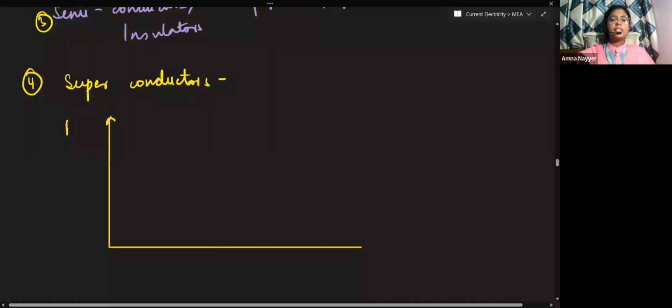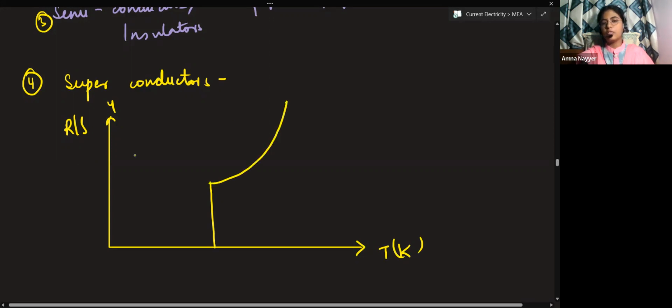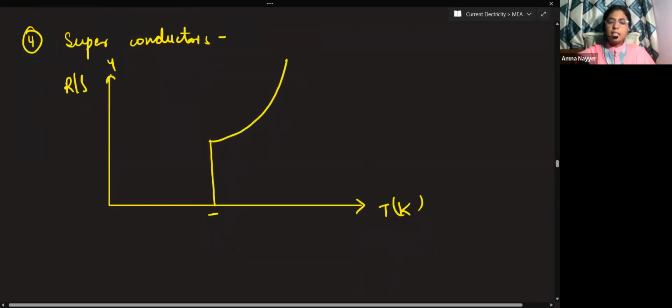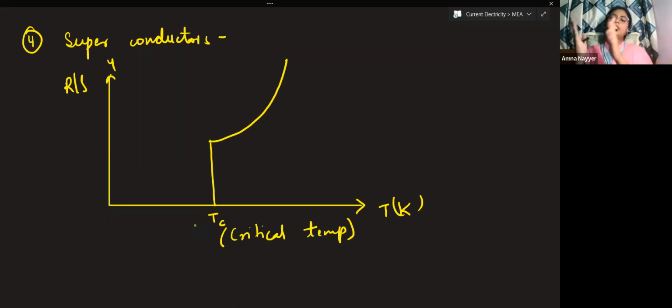So this is resistance or resistivity on the y-axis, and temperature in Kelvin on the x-axis, and the graph is in this manner. In case of superconductors, at a certain temperature, known as the critical temperature, the resistance changes abruptly.